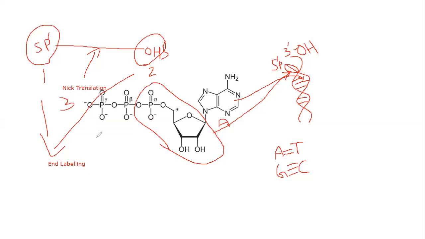So we have to remember, or we should know, which phosphorus is going to be used. Say, for example, if we are going to use the one here, we have to remove this one, and then this gamma phosphorus should be labeled, that is, P32 can be used.